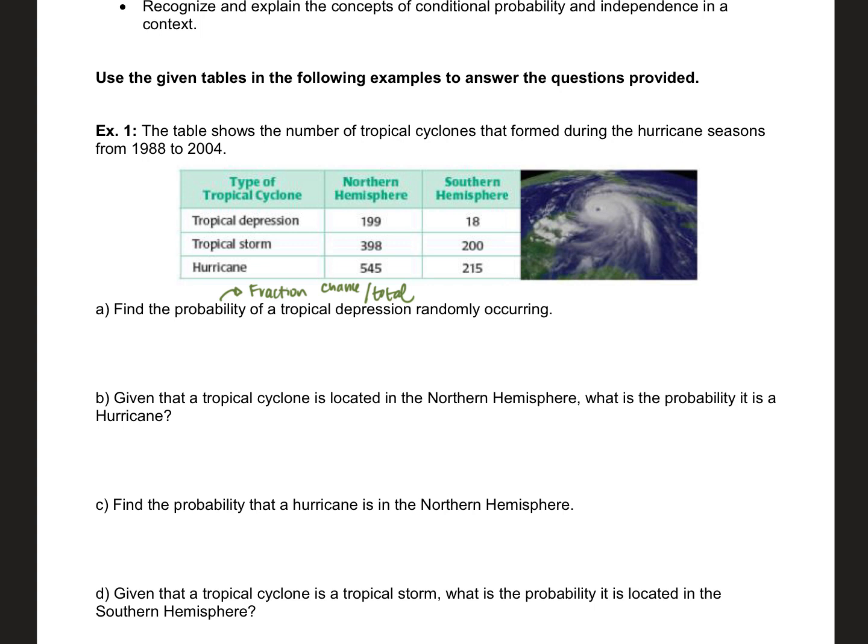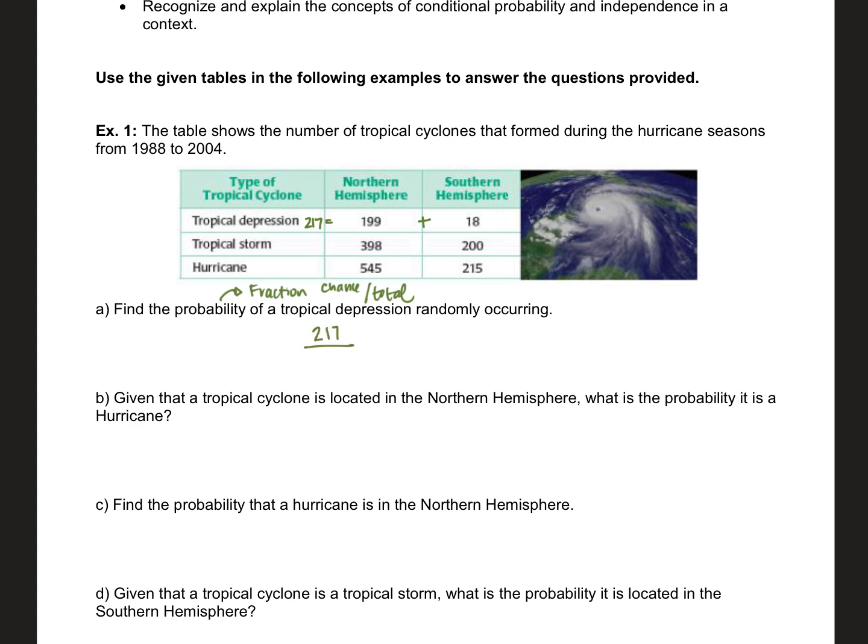We had tropical depressions in the northern hemisphere and the southern hemisphere. Does it specify which hemisphere I should be worried about? No, it doesn't. So I need to add both hemispheres together. 199 plus 18 is 217. So our chance of a tropical depression randomly occurring is 217.